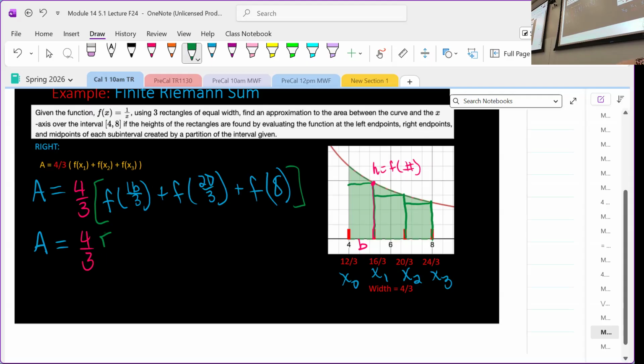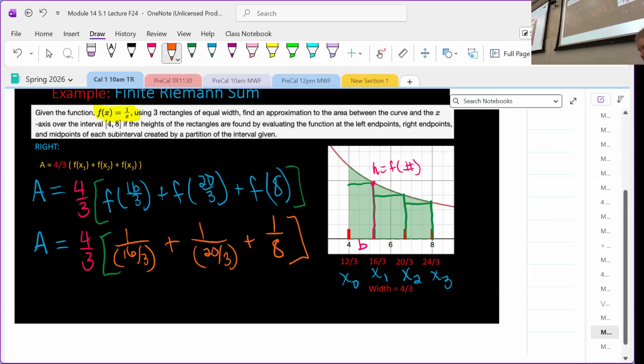Now we're just going to plug in what those function values are. Remember, our function is 1 over x. So f of 16/3 is 1 over 16/3, plus f of 20/3 is 1 over 20/3, plus f of 8 is 1 over 8.